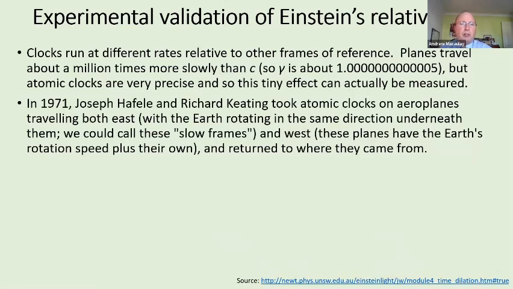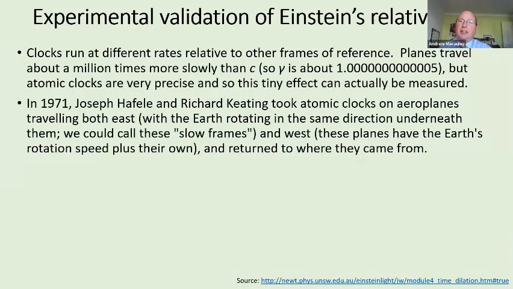These two guys, Joseph Hafele and Richard Keating, so it's sometimes called the Hafele and Keating experiment, took atomic clocks onto planes traveling both east, with the Earth rotating in the same direction underneath them, we could call these the slow frames, and west, and these planes have the Earth's rotation speed plus their own. And then they return to where they came from.